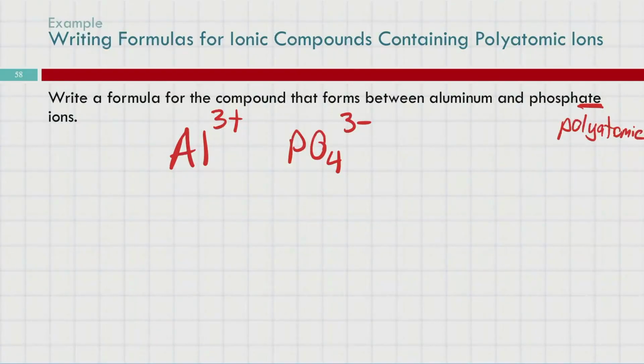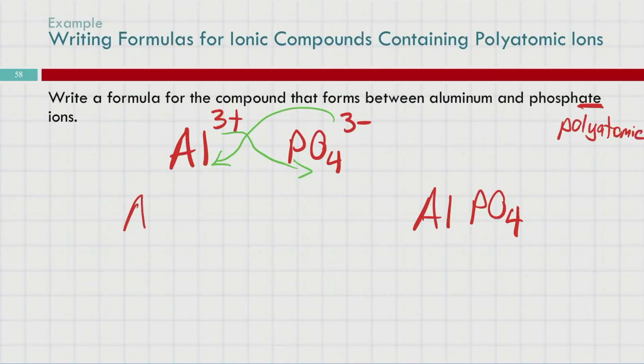Hopefully, you can see that we've got a 3+ and a 3-. If we just combine those 1 to 1, the charges cancel out. That's the fastest way to do this one. So Al PO4. If you want to crisscross it every single time, you can do that.